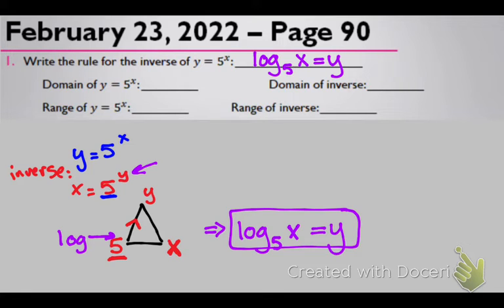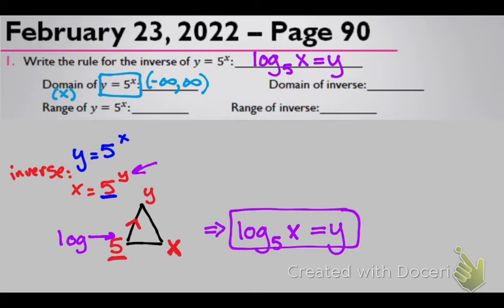So our domain, remember, that's our x's. If I look at y equals 5 to the x, I can put any number that I want in for x. Doesn't matter if it's negative, positive, could be a fraction. I can put anything in there. So I have negative infinity to infinity. That means all real numbers.